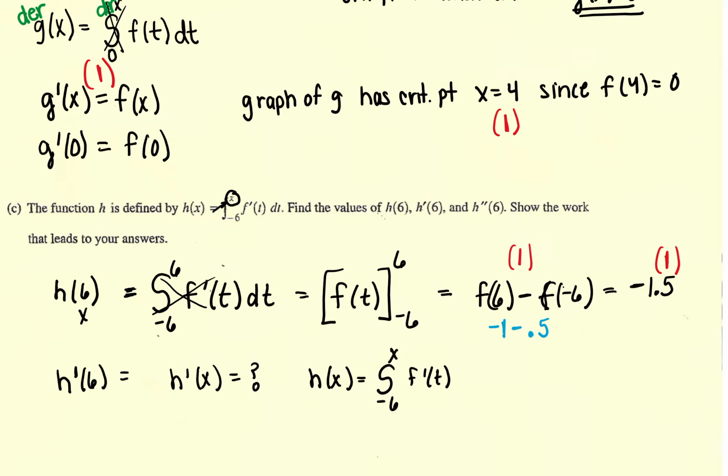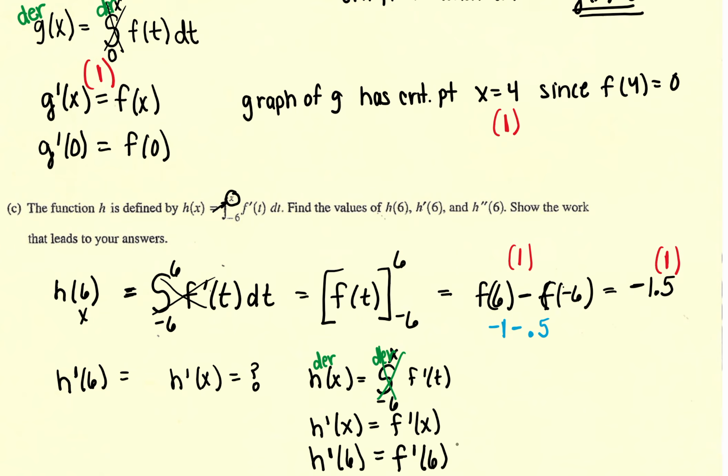If you take the derivative of this side, those are going to cancel out. So that means h prime of x is equal to f of x. So then if you want h prime of 6, you really want f prime of 6.